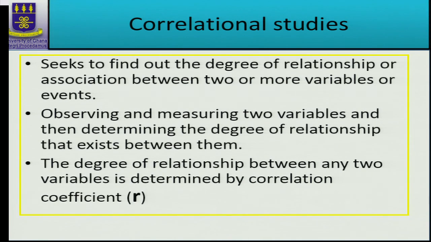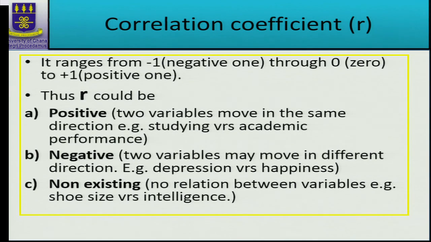So when it comes to correlation, most of the time we talk about two types of correlation. We could have a positive correlation or a negative correlation.